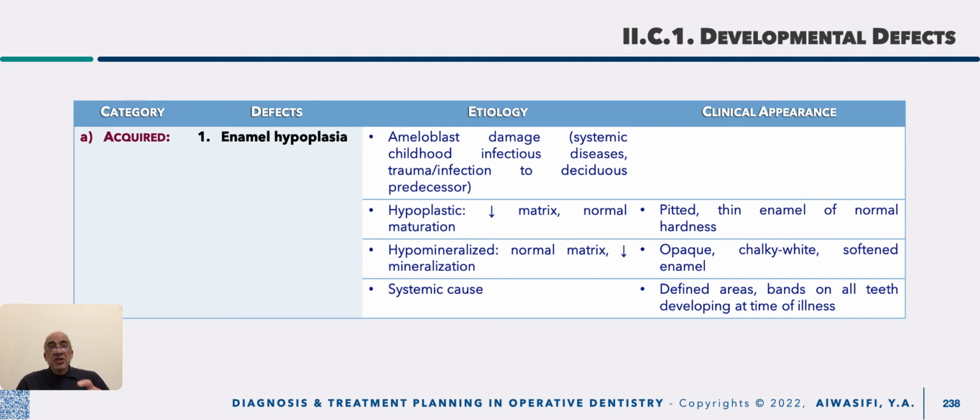If the patient gets a rise in body temperature due to fever during childhood, it may affect the quality of the ameloblasts and their function, resulting in bands of defective enamel, and the width of this band is related to the time of illness or fever.